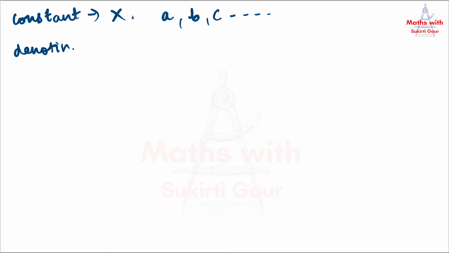Now sometimes what happens, the value of a constant is not given in the question. So we also take some of the letters for it like a, b, c, etc. But there is a difference between the variables denoting constants and variables.